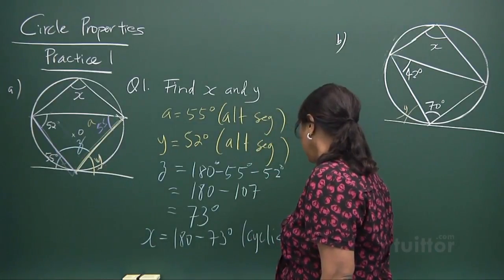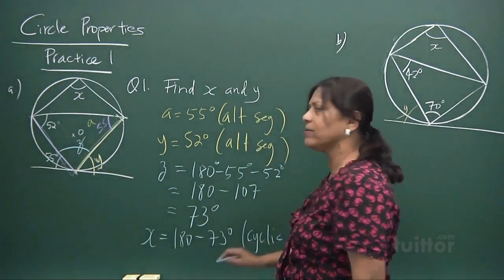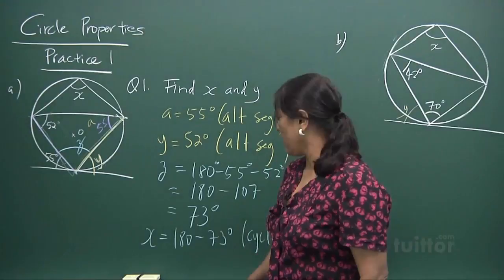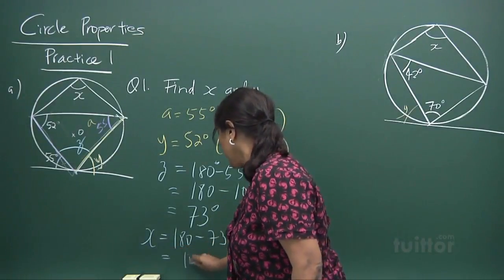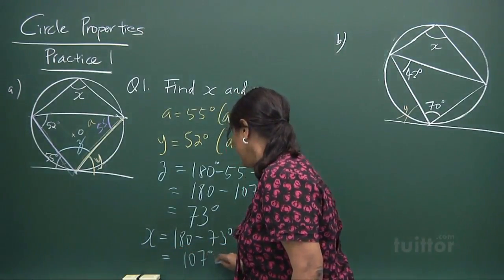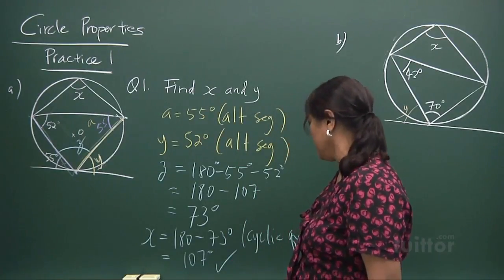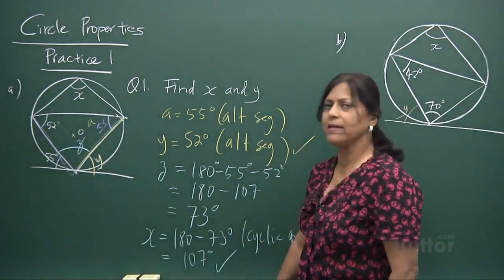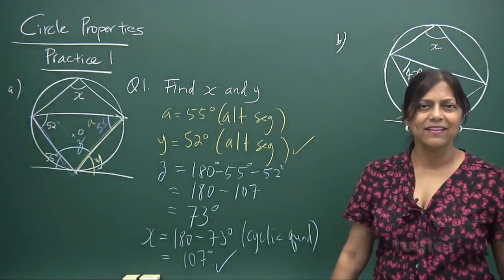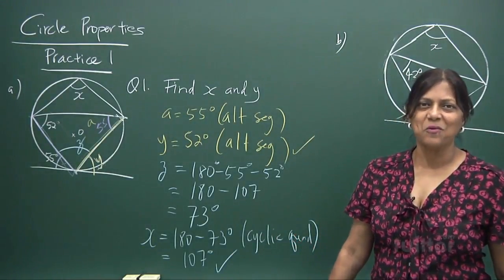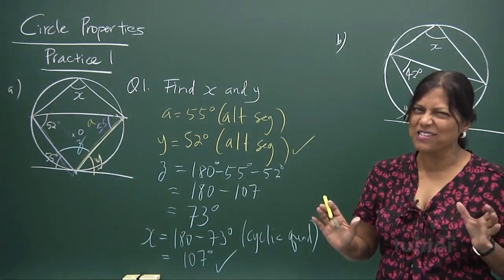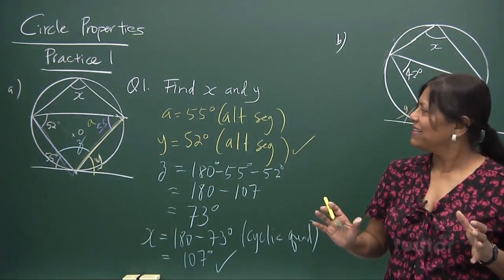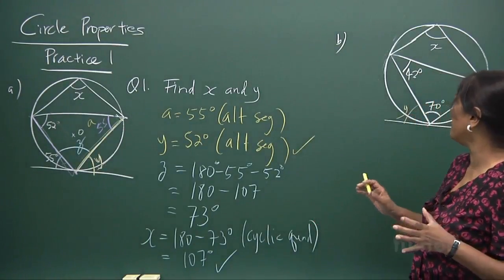Writing that makes clearly visible what you're trying to specify. So your X is going to be 107 degrees. Excellent. So you found out what Y and X are. I hope you've got that picture. Very simple vision.